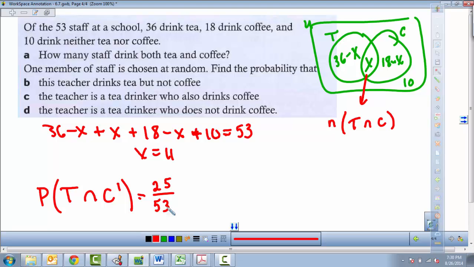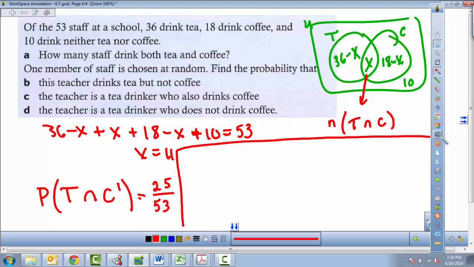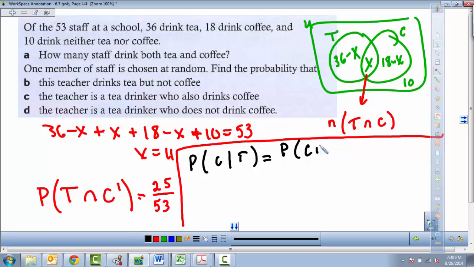Part C, the teacher is a tea drinker, so we know that. Who also drinks coffee? Let's translate this statement. We want the probability that they drink coffee given that we know they drink tea. So, using our conditional probability formula, we have probability of coffee intersect tea divided by the probability of our condition.